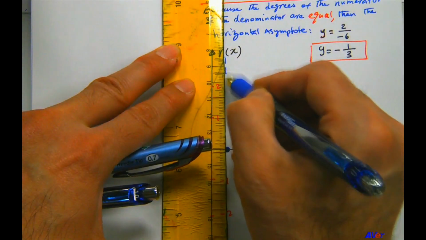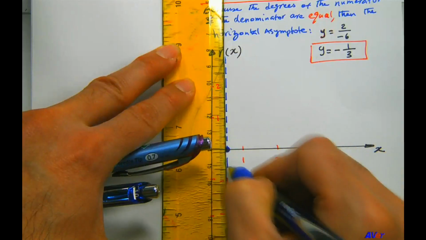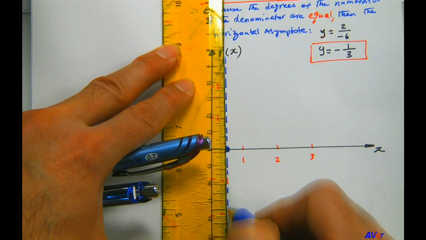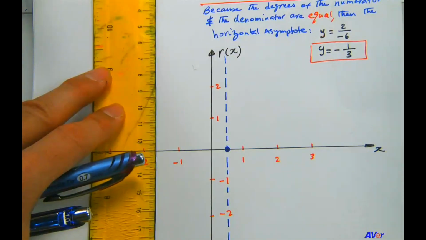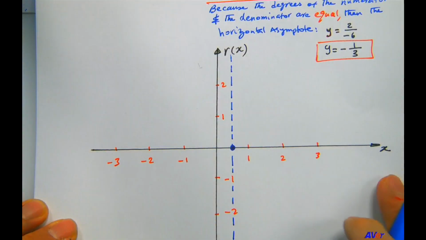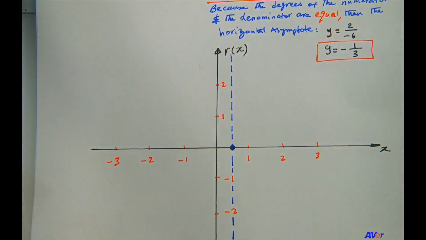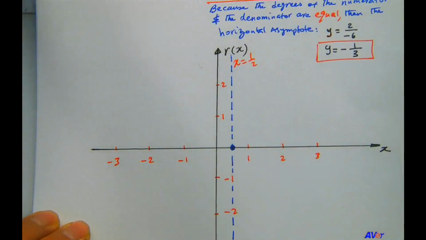So we know that the vertical and slant asymptotes cannot be crossed, right? We know that by the graph of the function. So that's our vertical asymptote, x = 1/2. That's the equation for it.